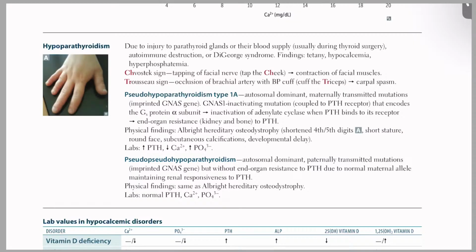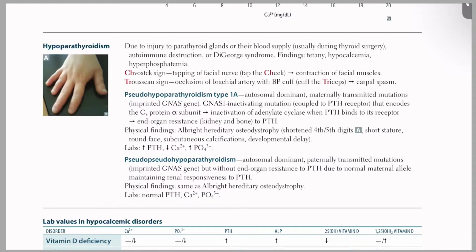GNAS1 inactivating mutation coupled to PTH receptors encodes the Gs protein alpha subunit, with inactivation of adenylate cyclase when PTH binds to its receptor, causing end organ resistance in kidney and bone to PTH. Physical findings: Albright hereditary osteodystrophy, shortened fourth and fifth digits.